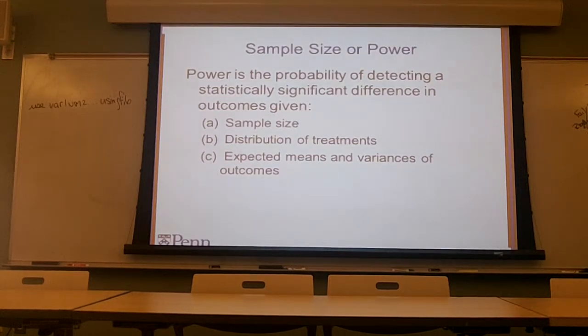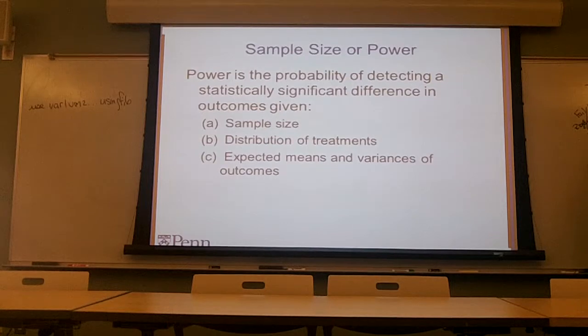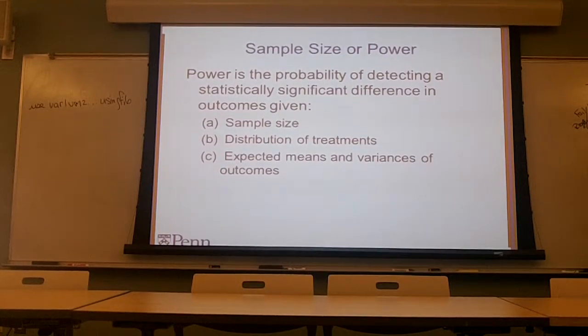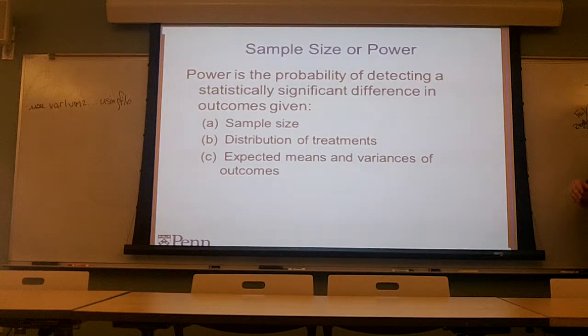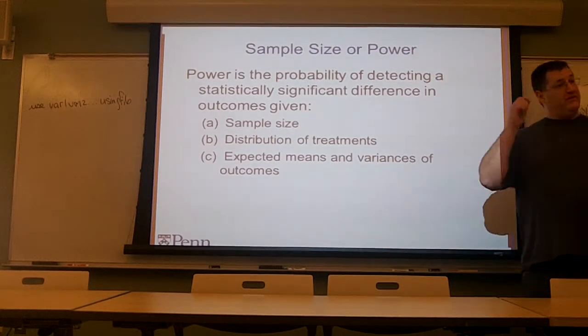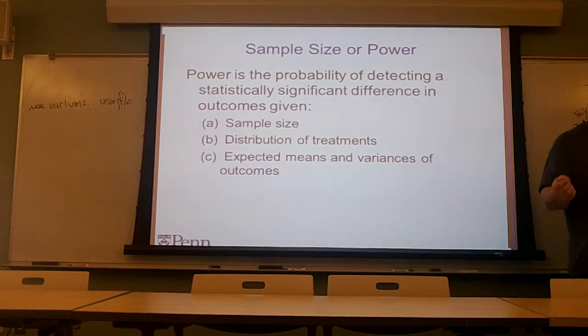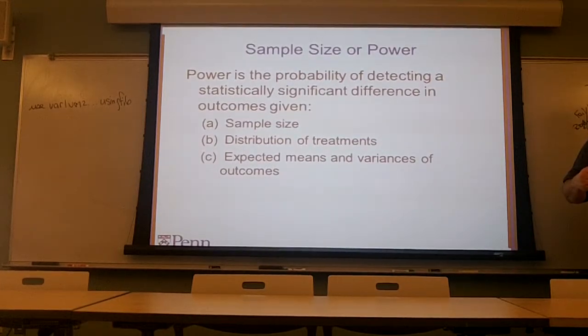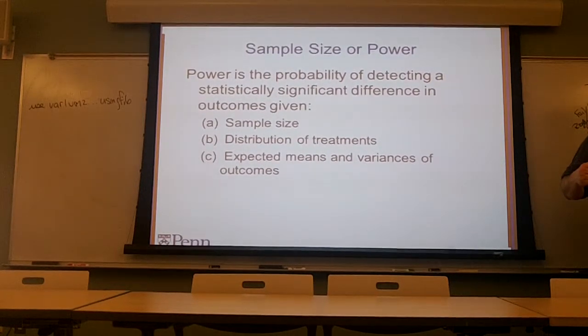So those are the things that you need to know, or the things that you need to guess at when you're designing your study. Your choice of alpha, your choice of beta. You need to know the expected outcome for one treatment, the expected outcome from another treatment, and the variances associated with those outcomes. Right?